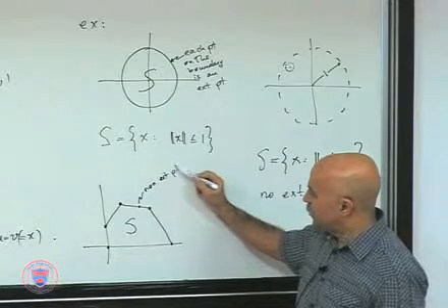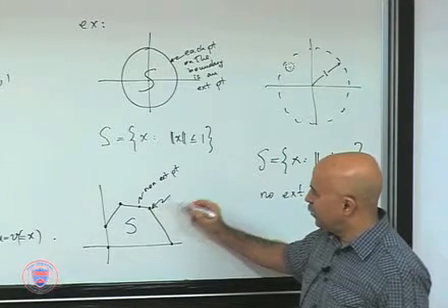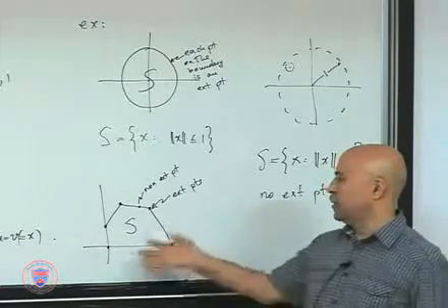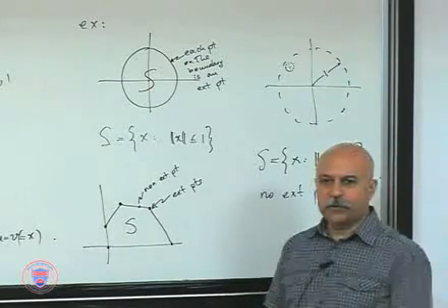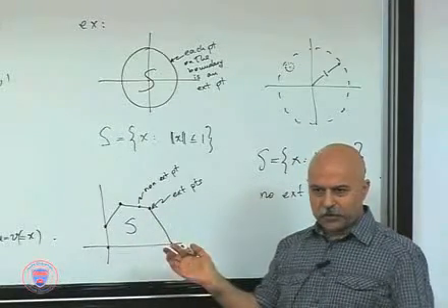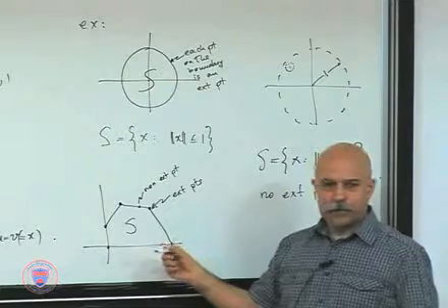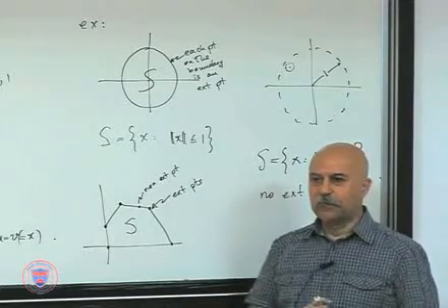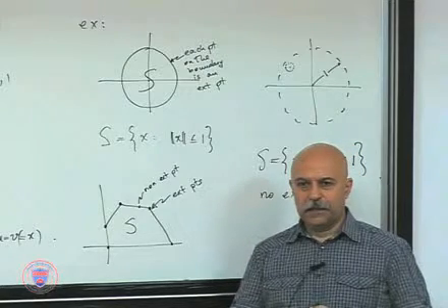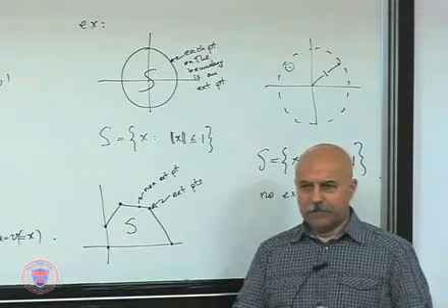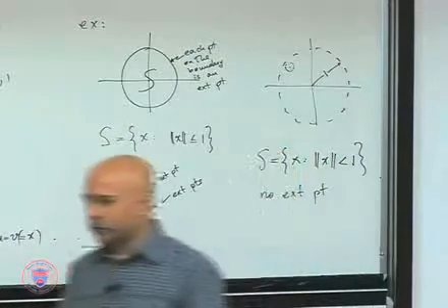Non-extreme point, whereas these corner points are extreme points. And it turns out, of course, that in linear programming, when you try to minimize or maximize an objective function, if there's an optimum solution, it turns out that some extreme point will qualify as an optimum solution. Okay? That's one of the fundamental theorems which we will get to.